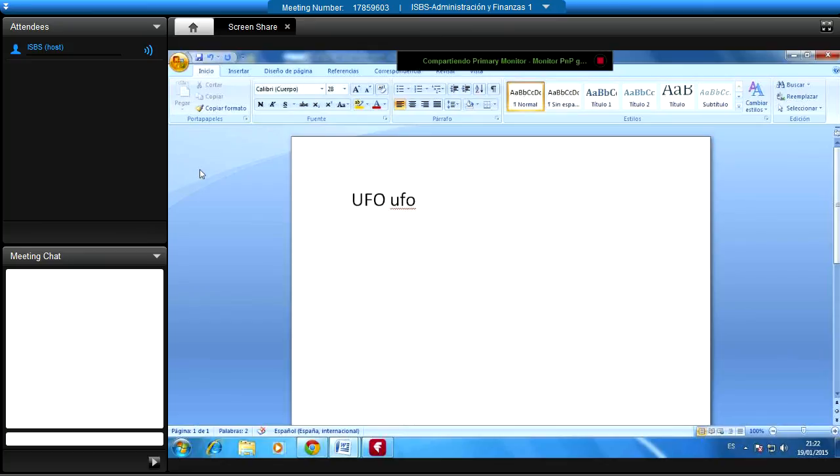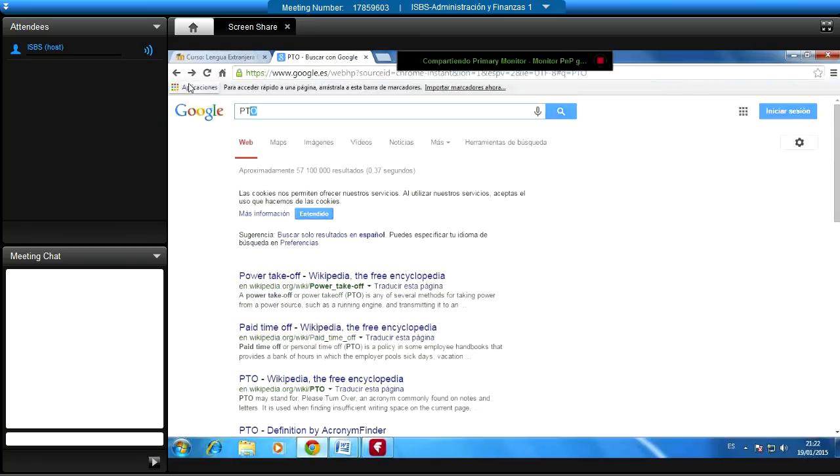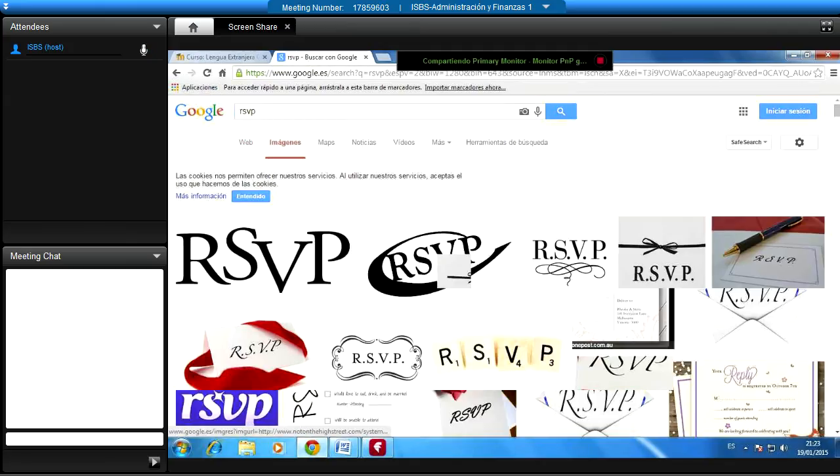De los ovnis, porque ufología viene del inglés. Debería ser ovnilogía o algo así. Unidentified flying object, UFO, a UFO. And what else do we have here? Please reply, that's from the French. Répondez, s'il vous plaît. But that's in English. You have this, for example.